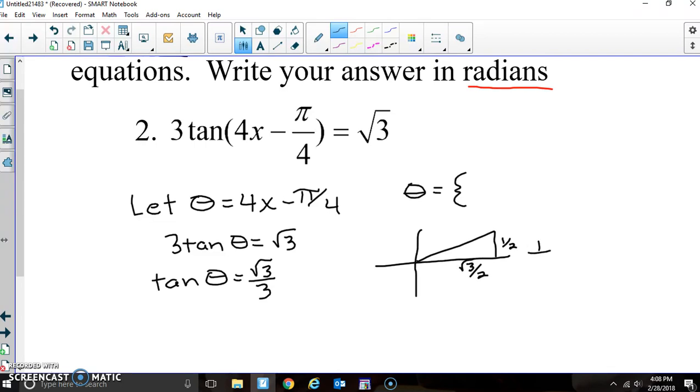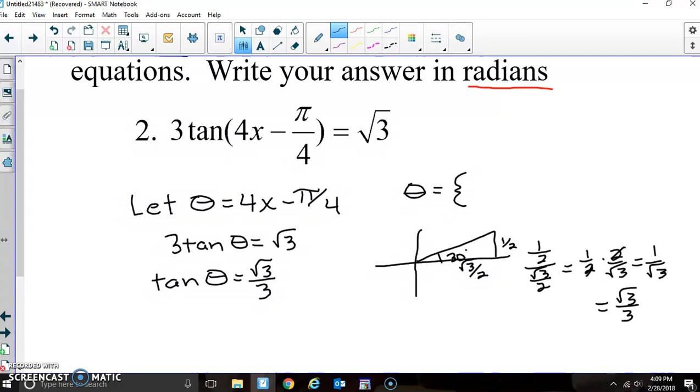And then if I divide 1/2 by square root of 3 over 2, I end up with 1/2 times 2 over square root of 3. 2's cancel. You get 1 over square root of 3, which will reduce to radical 3 over 3.